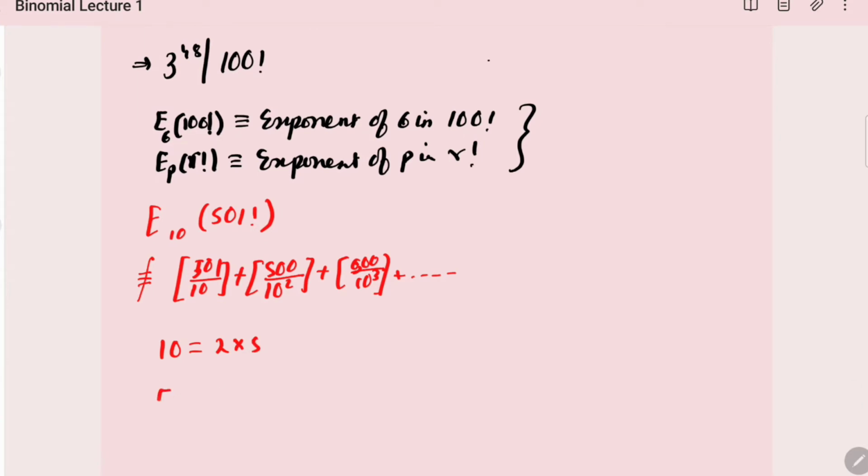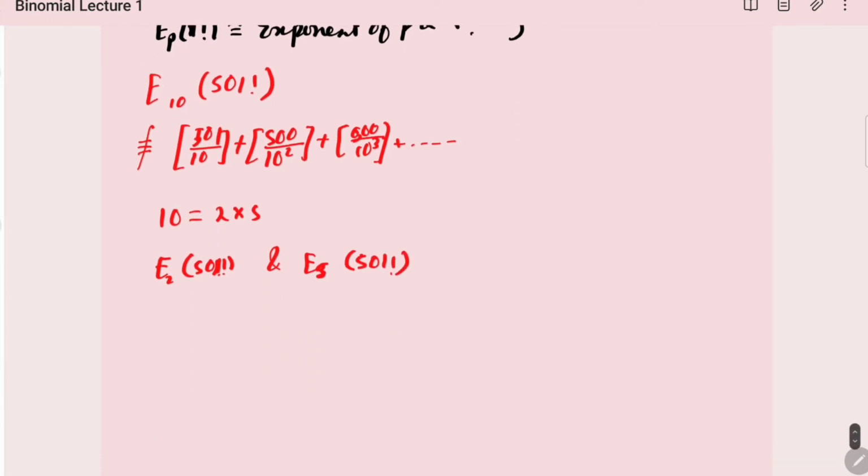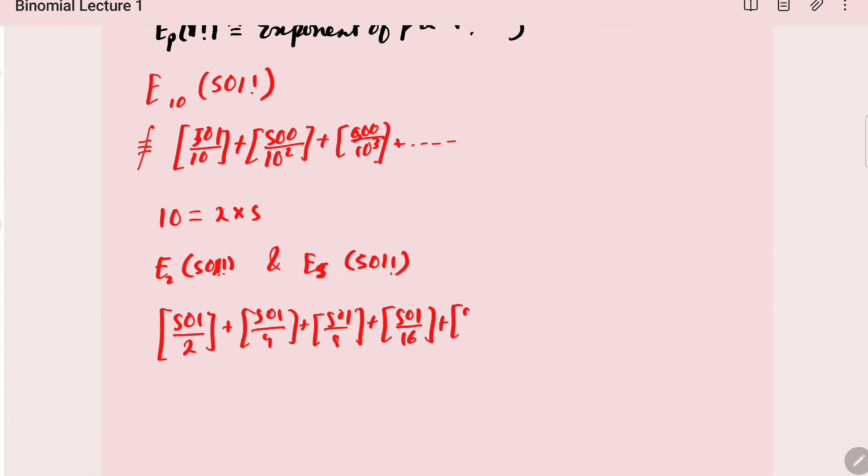So you have to find out the exponent of 2 and the exponent of 5 in 501 factorial. The exponent of 2 in 501 factorial is 501 by 2, 501 by 4, 501 by 8, 501 by 16, 501 by 32, 501 by 64.